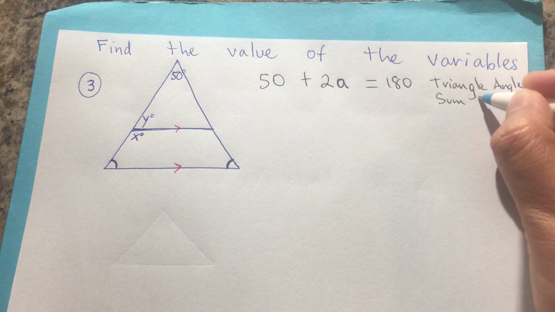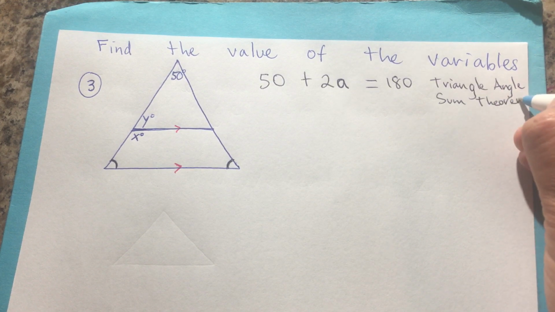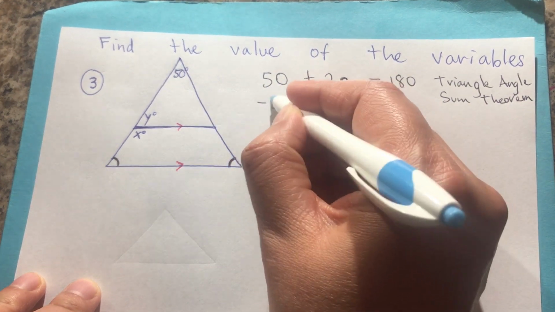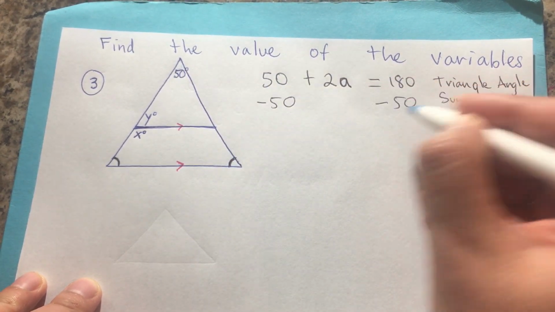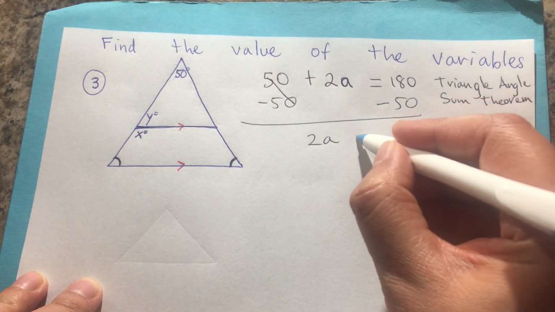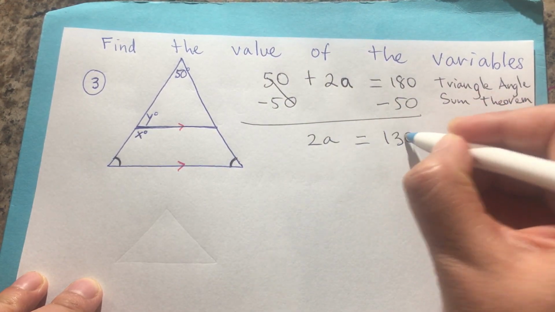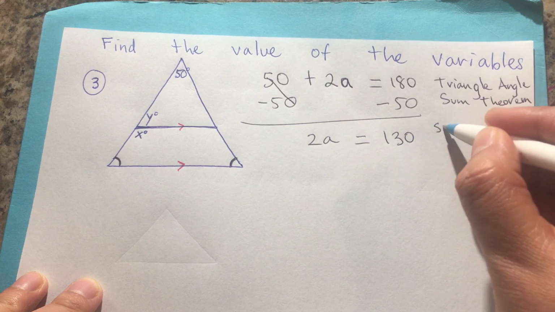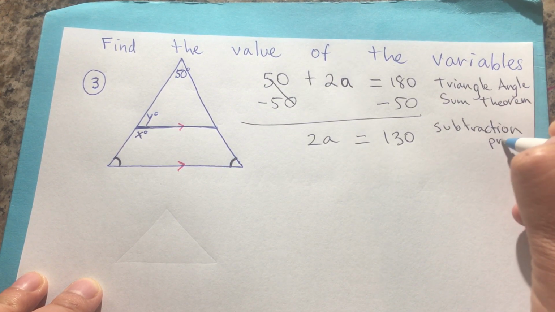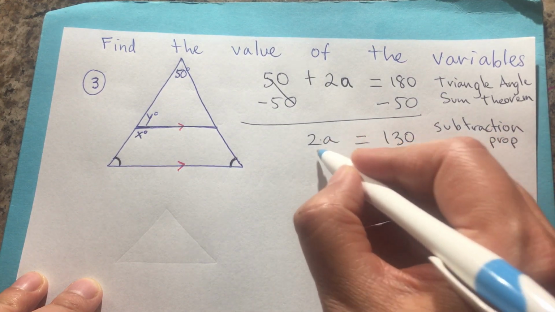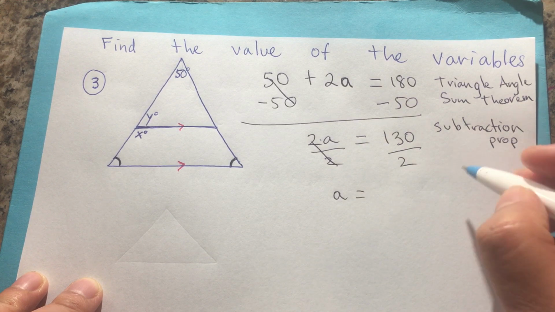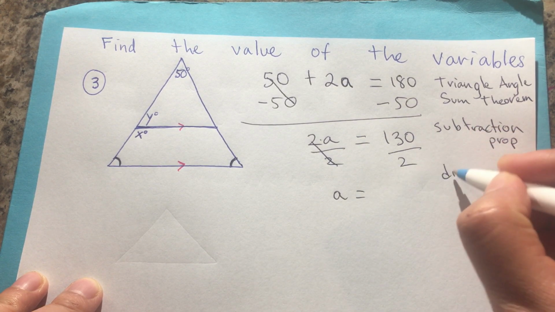Sum theorem. Okay, and I'm going to subtract 50 from both sides, and I get 2a, this cancels, is equal to 130, and that's because of the subtraction property. After the subtraction, I'm going to divide both sides by 2, and so I'm using right here the division property.